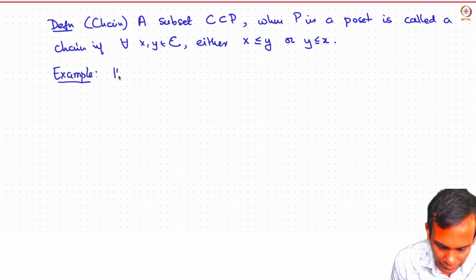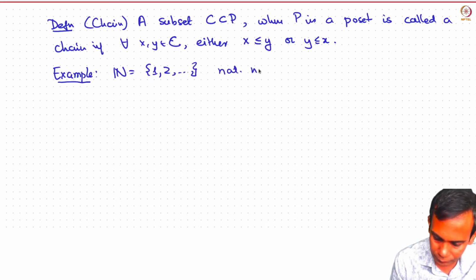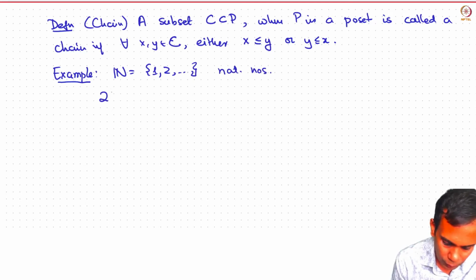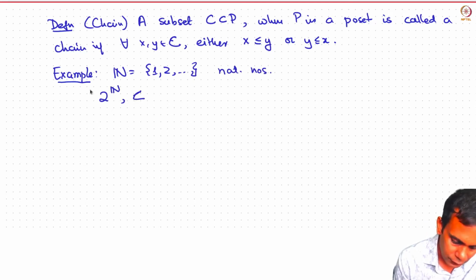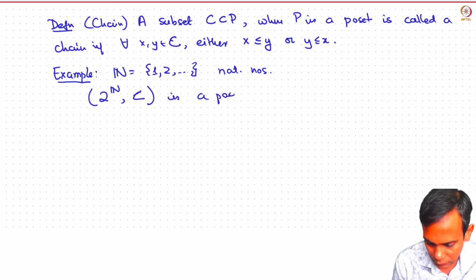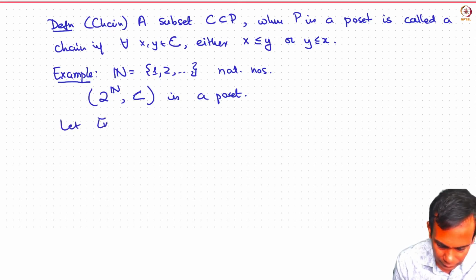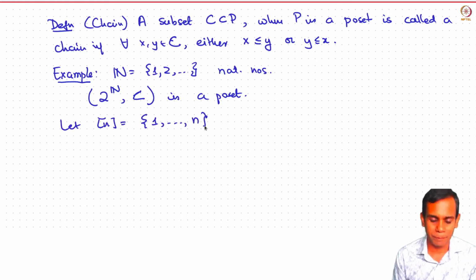Consider N to be the set of natural numbers, and let's look at 2 to the power N with set inclusion. So this is a poset, and let box n denote the set, as we have in algebra 1, the set of all integers between 1 and n.